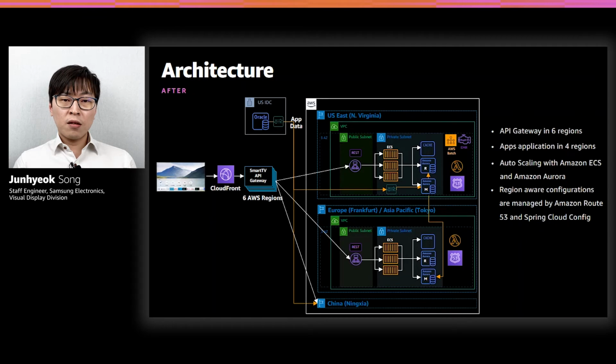And Fargate containers handle business logic and data is stored in Elasticache and Aurora. Region-aware configurations are managed by Route 53 and Spring Cloud Config. Finally, auto-scaling has been adapted to both API application and Aurora in 4 regions.